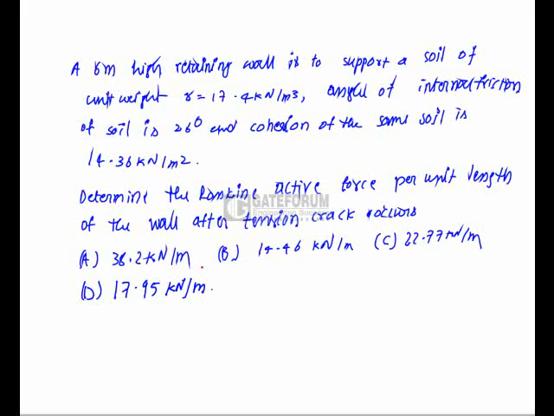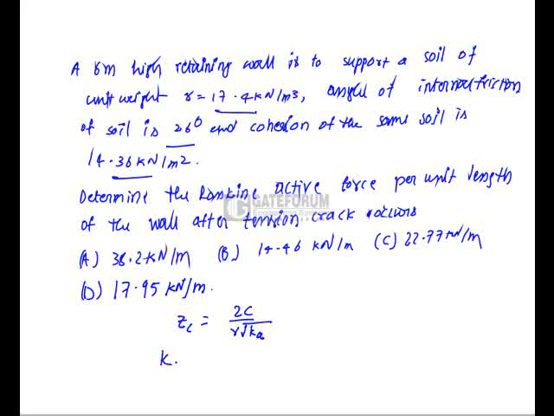A 6 meter high retaining wall supports a soil, with the unit weight, angle of internal friction and cohesion of the soil given. We have to determine the Rankine active force per unit length of the wall after the tension crack develops. The depth of tension crack, we know, is 2C by gamma root Ka.